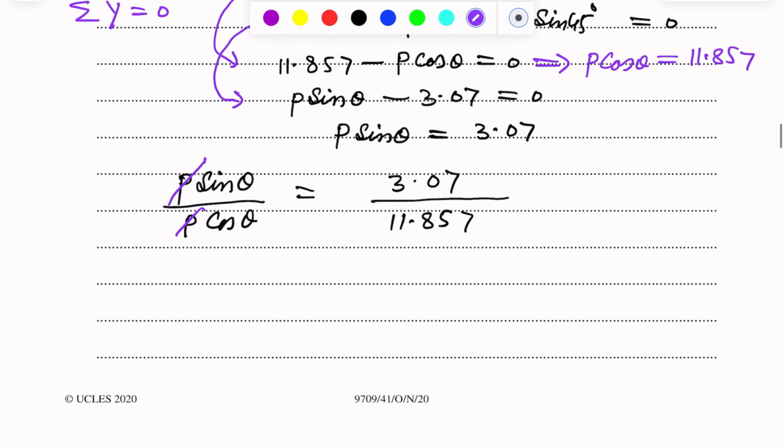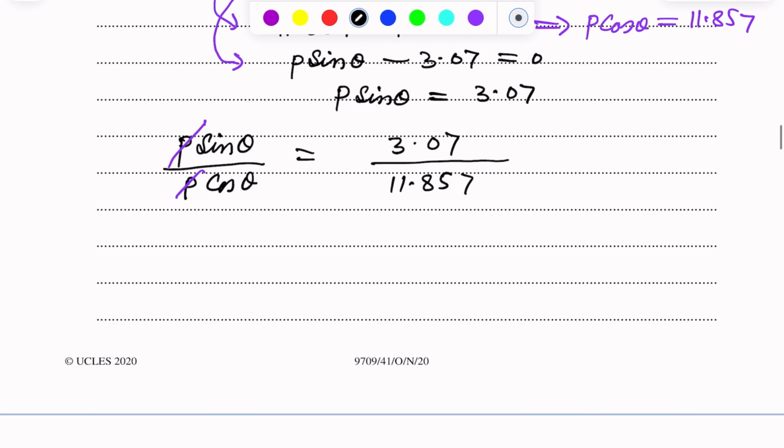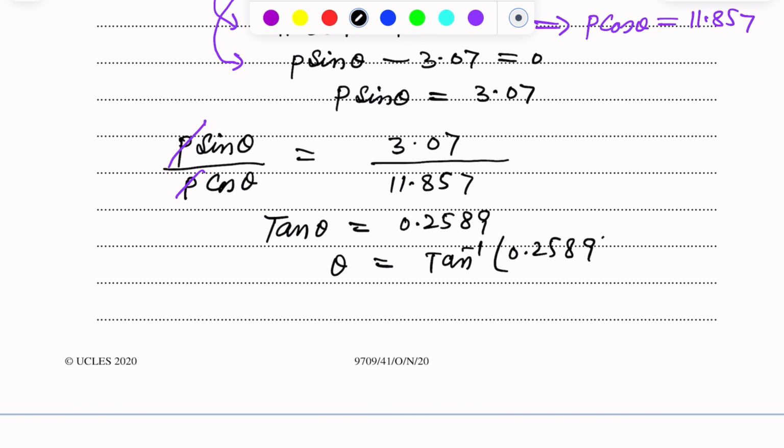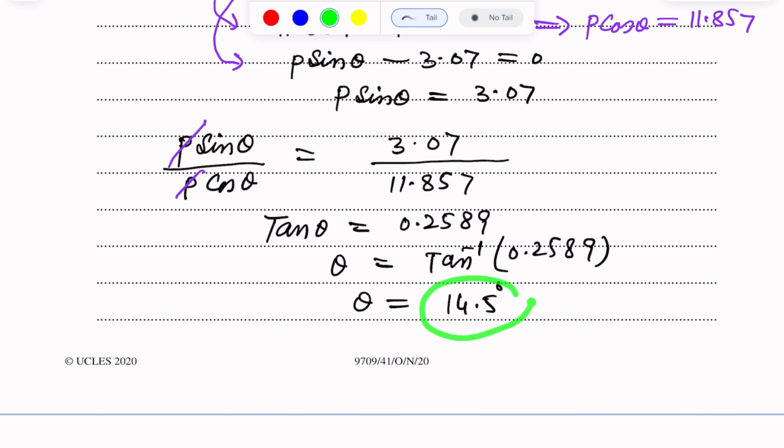Cancellation of P's, sine over cos becomes tan. So we get tan theta is equal to 0.2589. From here, theta is equal to tan inverse 0.2589. We get theta is equal to 14.5 degree correct to one decimal place.